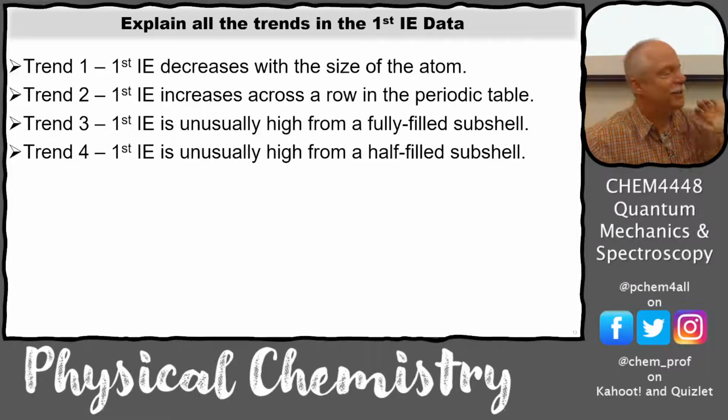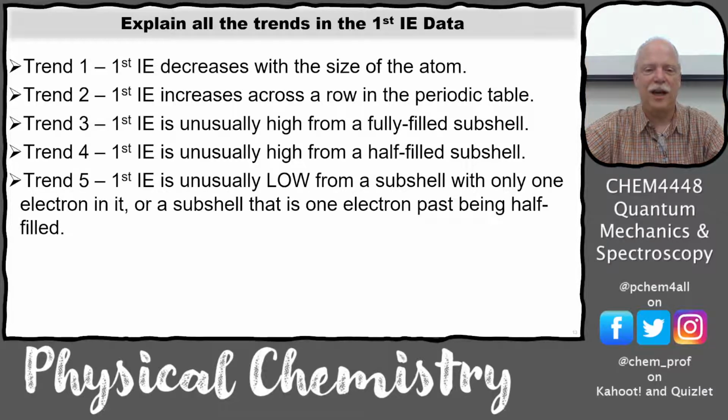We don't really see much of that trend, but the d's and the p's we see. And then trend 5: the ionization energy is unusually low from a subshell with only 1 electron in it, or a subshell that is 1 electron past being half filled. So let's find the first one. Which groups have only one electron in their subshell?